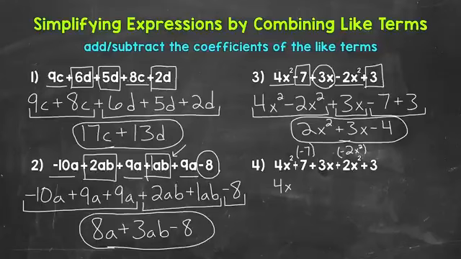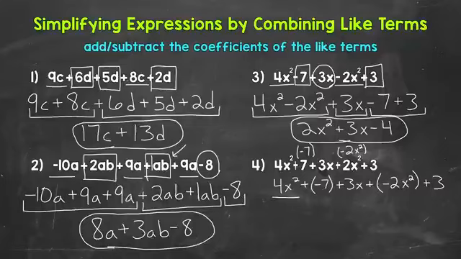So we have 4x squared plus negative 7 plus 3x plus negative 2x squared plus 3. So now all of the terms are separated only by addition. Now we can identify any like terms. We have 4x squared and negative 2x squared.